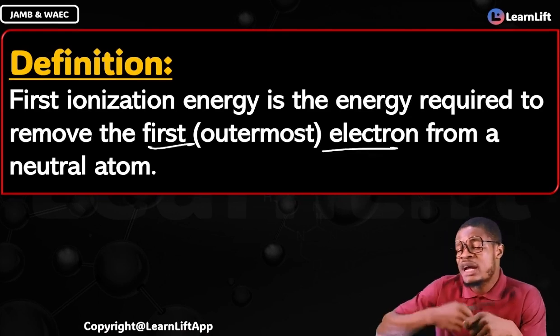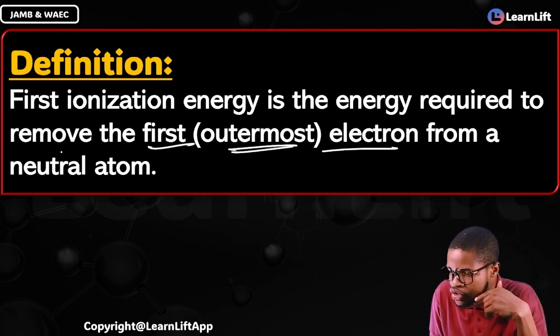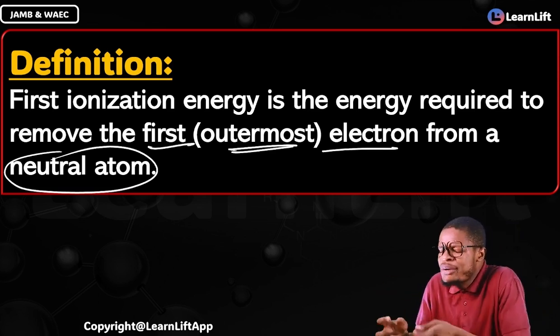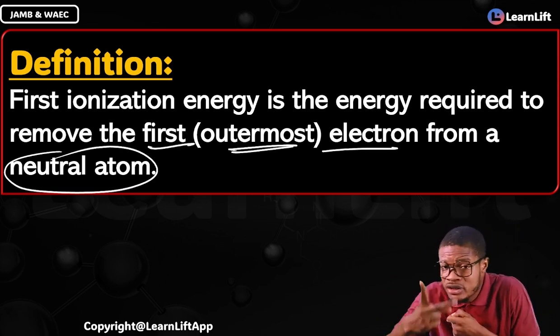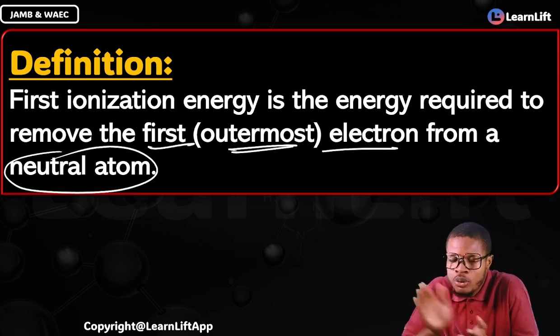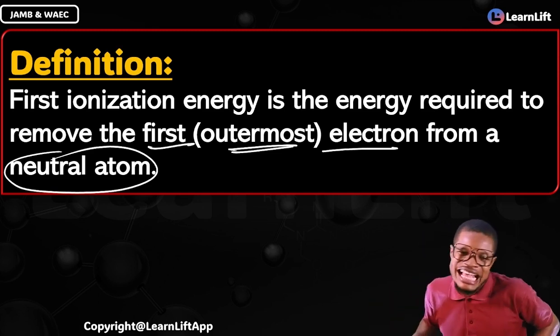That first electron you are removing must be the outermost electron, from a neutral atom. So the energy required to remove the first electron, not the second, from a neutral atom, is called your first ionization energy.